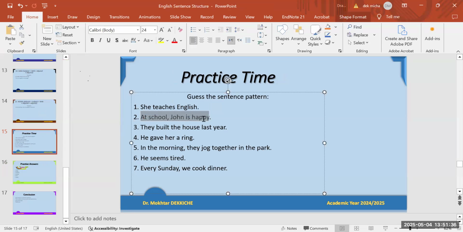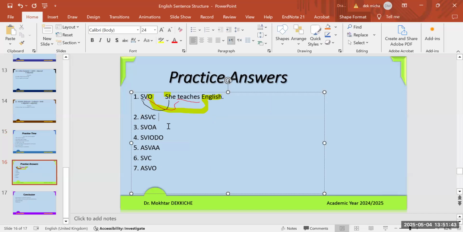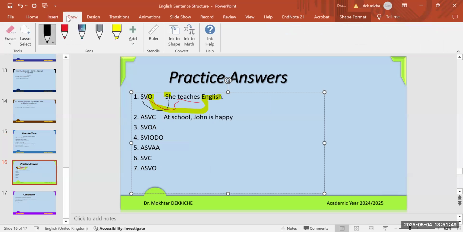The second sentence: at school, John is happy. Let's deconstruct this sentence. What is the subject here? The subject here is John.